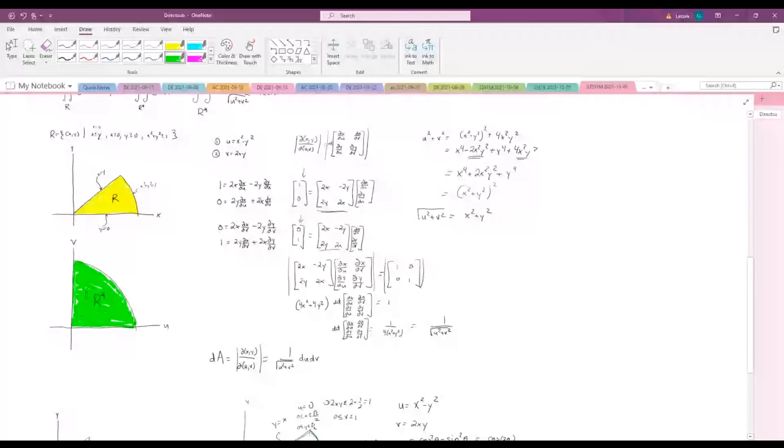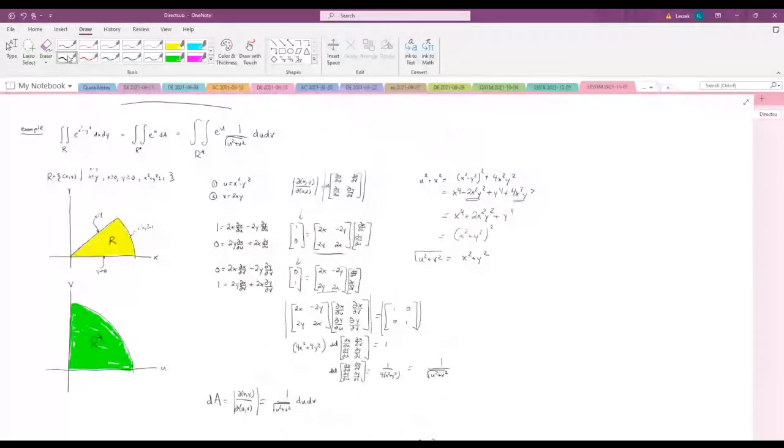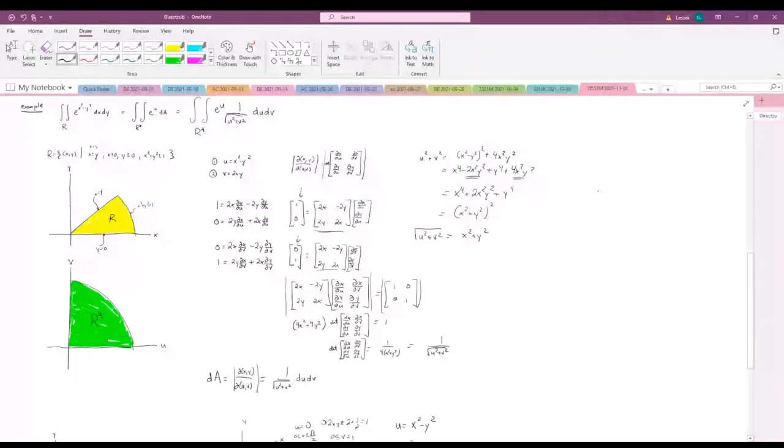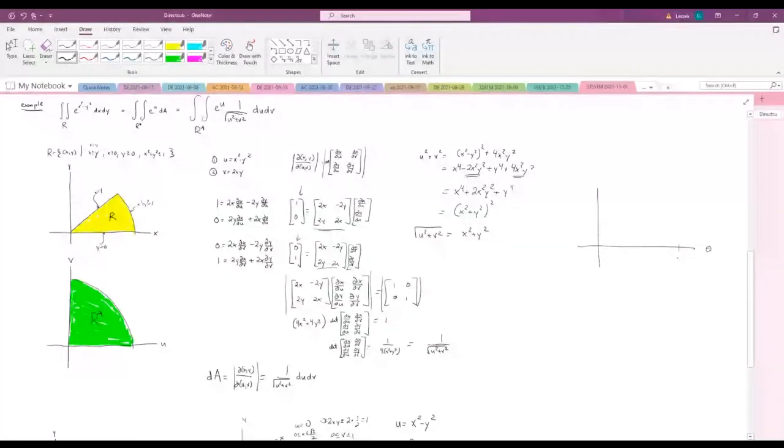All right, we're ready to integrate. But I think we need another change of variable, no? You'll probably want to go to polar coordinates. So you probably want to go to the r theta plane and then we're integrating over a rectangle. So theta is going to go from 0 to pi over 2. r is going to go from 0 to 1.